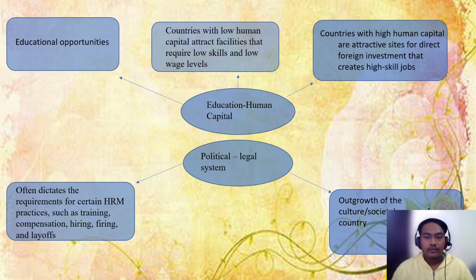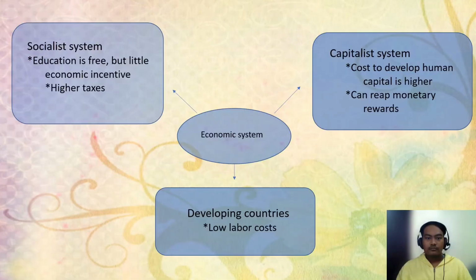The third one is the political legal system. We have two points, which often state requirements for certain HRM practices, such as training, compensation, hiring, firing, and layoff. And the last one, the growth of the culture and society of the country.